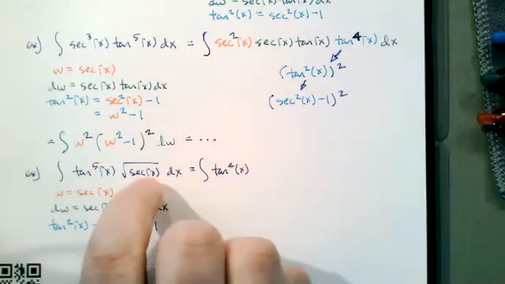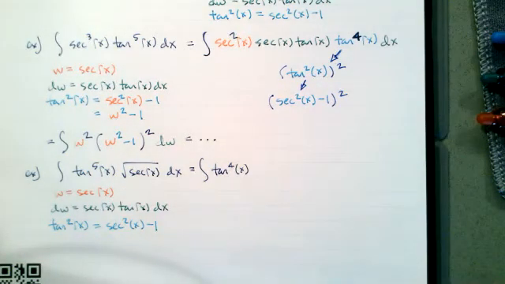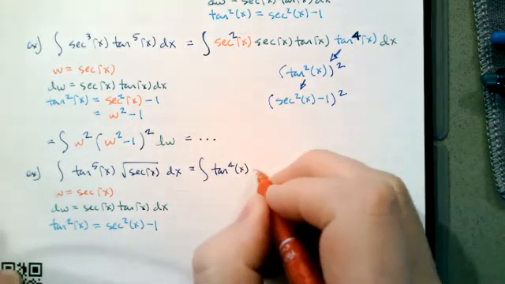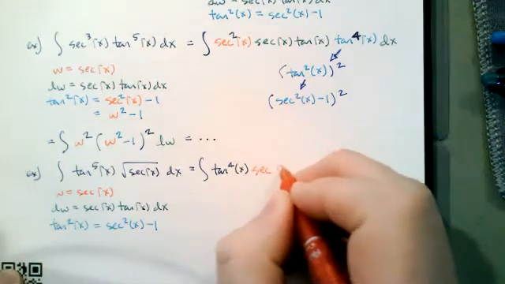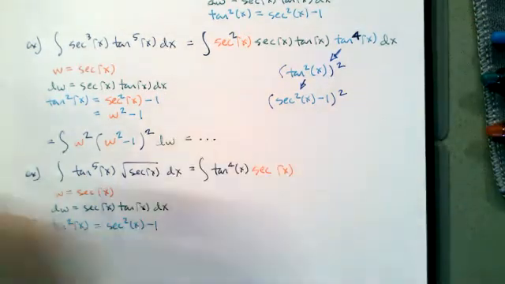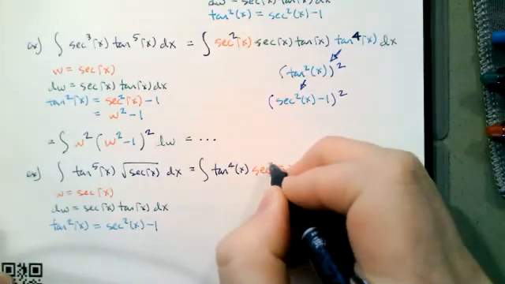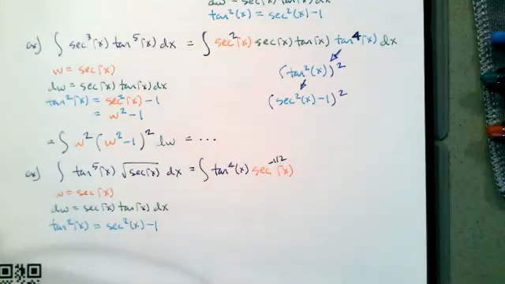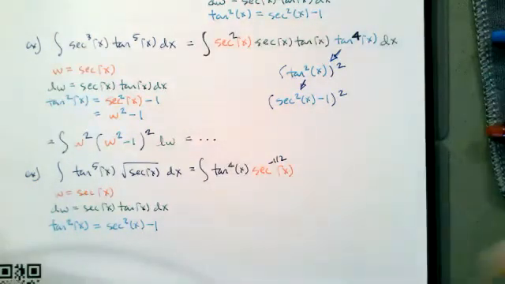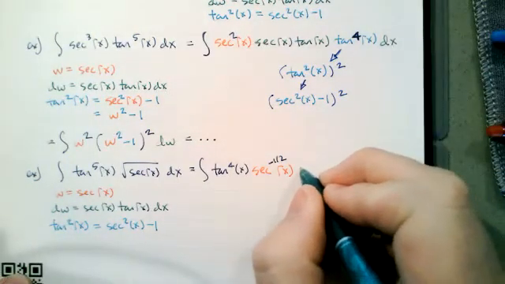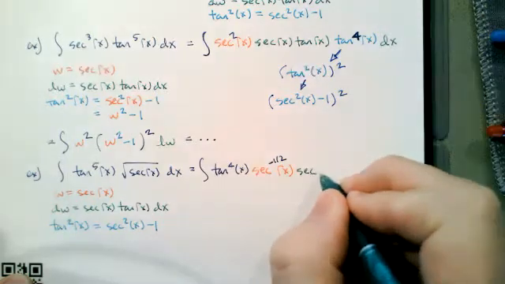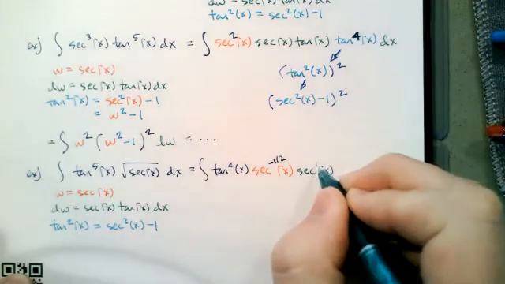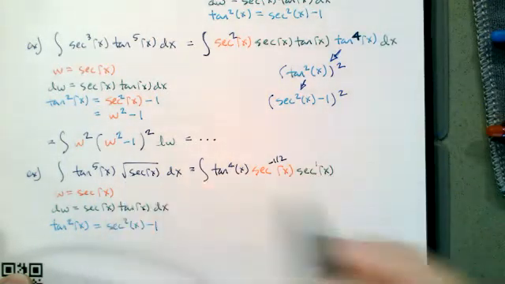I'm going to split this secant to the 1/2 power into a secant to the negative 1/2 power, because if I combine a secant to the negative 1/2 power with the secant to the 1 power, 1 minus a half is a half.